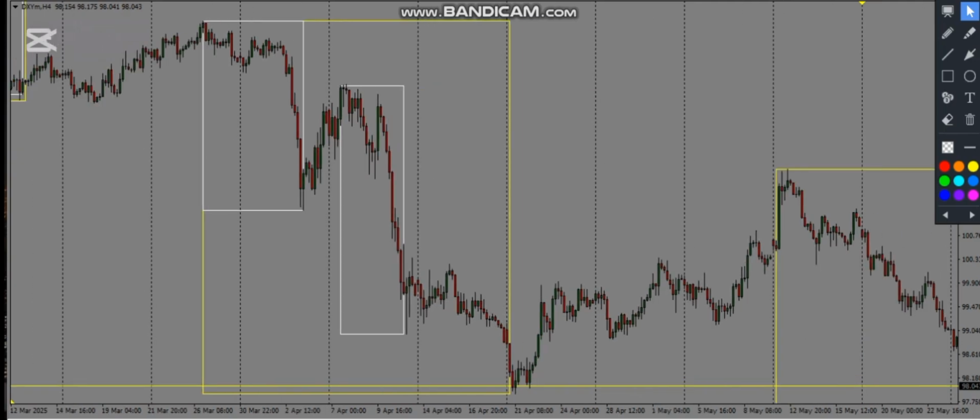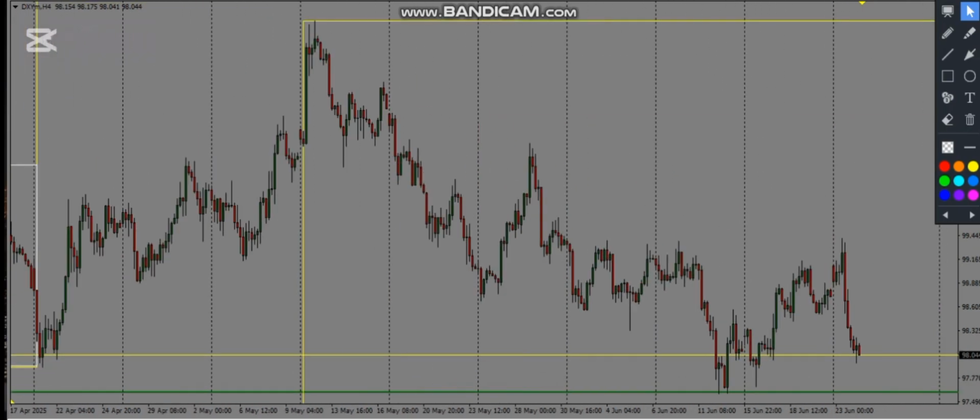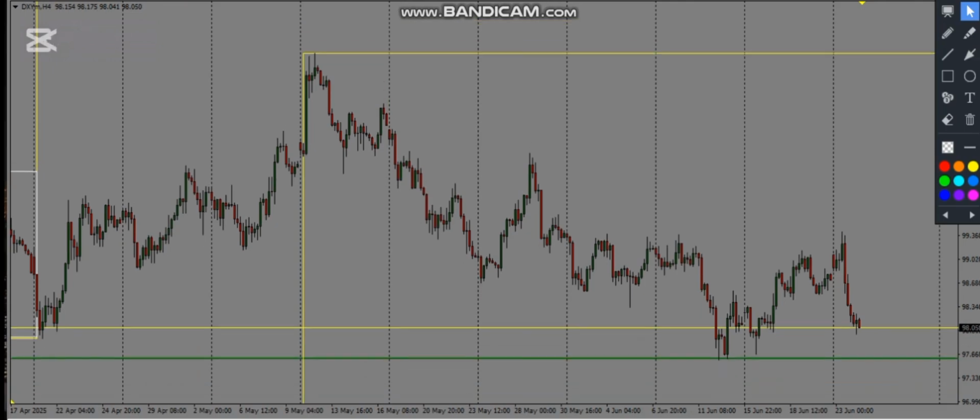Now this is our third level on the daily time frame, which is still running. Let's check this. As you can see, the first reset, second reset, and a third. Here you can see a first, a reset, a second, a reset, and a third level.